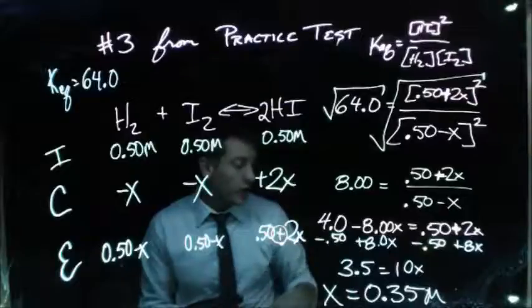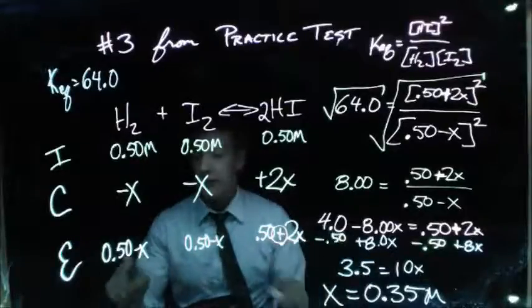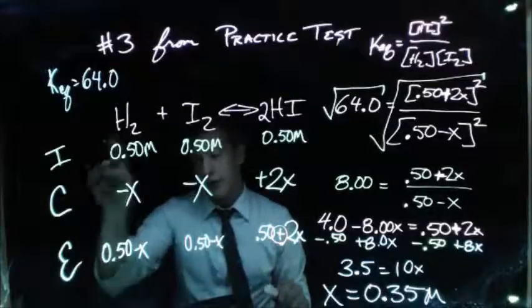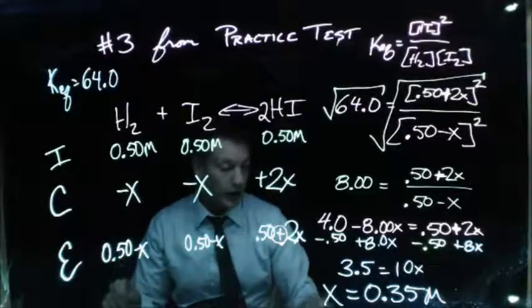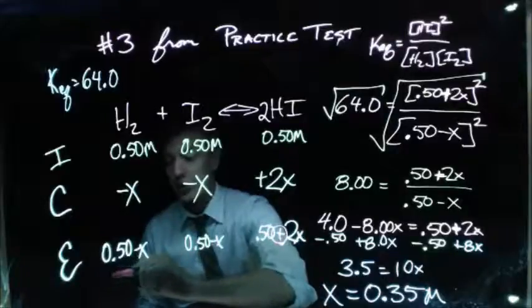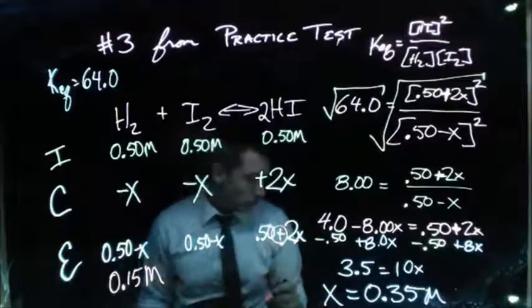Now, 0.35 is not the answer. Remember, 0.35 is how much these guys are going to change. So, at equilibrium, hydrogen is going to be 0.50 minus 0.35, and so that means at equilibrium, hydrogen is going to equal 0.15 molar.